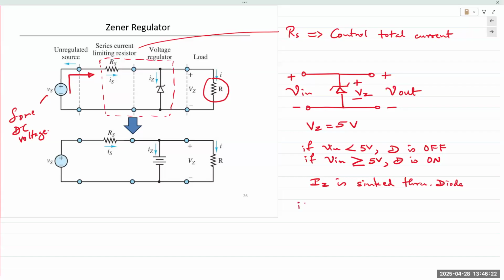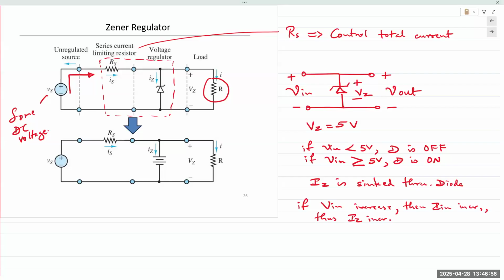If V in increases, what happens? V in increases, you're increasing the power. You're increasing the current that's flowing through the circuit. If V in increases, then I in, the input current, increases, thus IZ increases, but VZ remains constant.